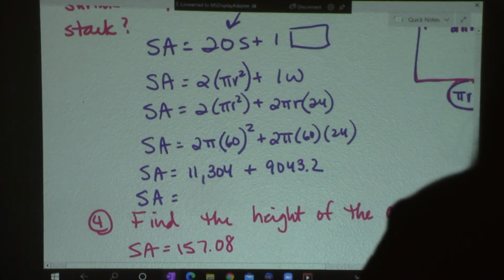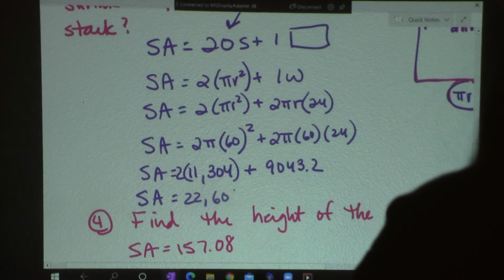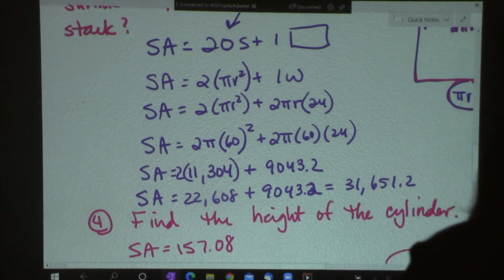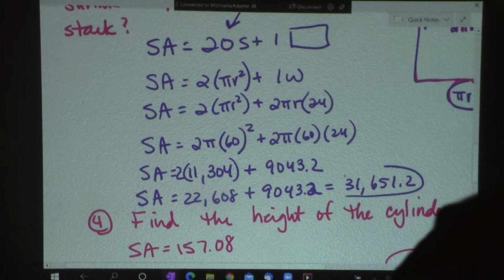I'm so sorry. This was just 1. Okay, let's put the 2 there. So I've got 22,608 plus 9,043.2, and I get a total surface area of 31,651.2. So that is my total surface area, okay?